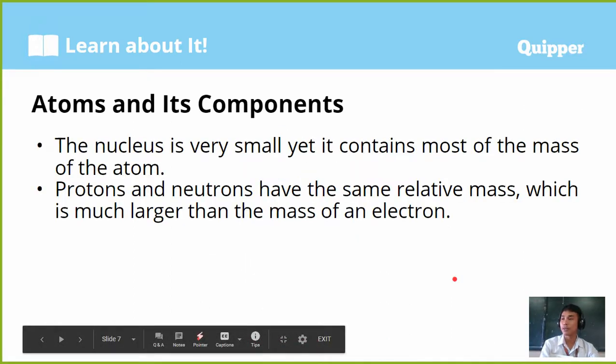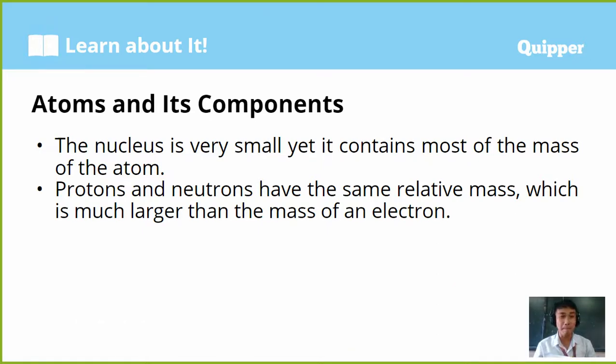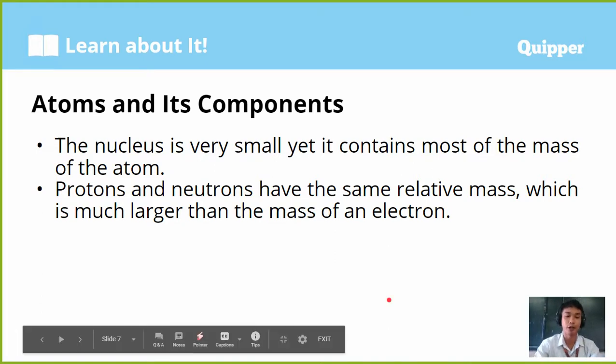The nucleus is very small, yet it contains most of the mass of an atom, almost 99 point something percent of the total mass of the atom. Therefore, the mass of an electron is almost negligible. When we speak of negligible, it means it has almost no significance when it comes to the mass of an atom.